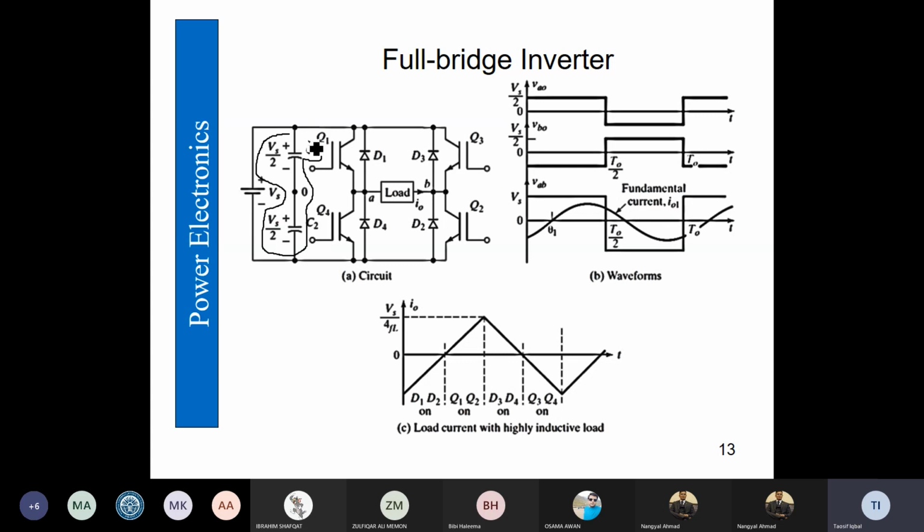Otherwise, we are not using them as we have used in the half bridge inverter. Okay, if we do not connect these capacitors, there will be no difference to the connections of our full bridge. But this is for safety, because when we are switching the full bridge, we are going to generate harmonics, and the purpose of connecting the capacitor is to consume those high frequency components, so that no harmonic current goes into the DC supply. Okay. So this is the purpose of the capacitor.